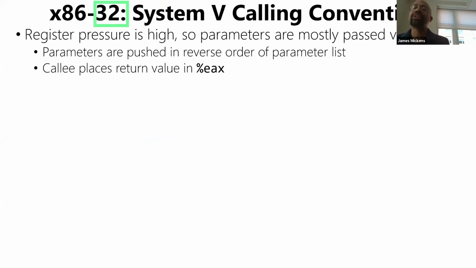The 64-bit version of the ISA has twice as many registers, but for the 32-bit system, I think we only have 8 general purpose registers. So because register pressure is high, parameters are mostly passed via the stack, and they're going to be pushed by the caller in reversed order of the parameter list, and then the callee is going to place the return value in EAX. So let's take a look at a simple example of how this might work.